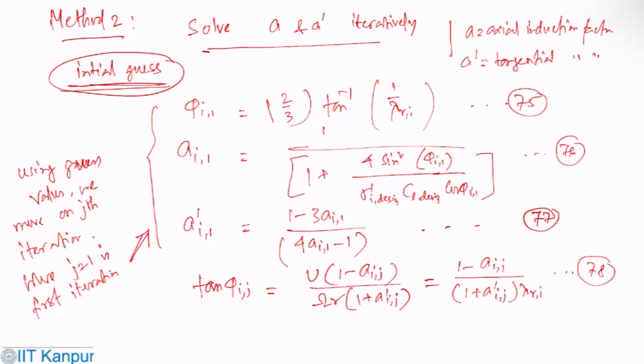So if j equals 1, the initial values of a i1 and a prime i1 can be used, and we can move on to j equals 2 like that.